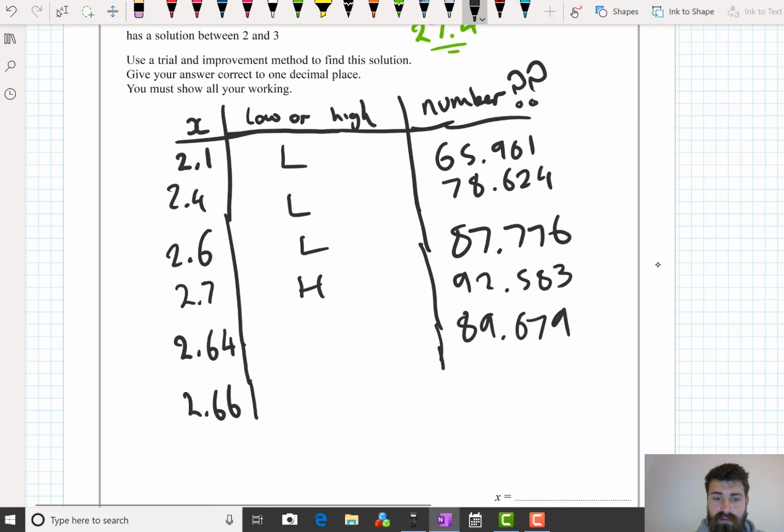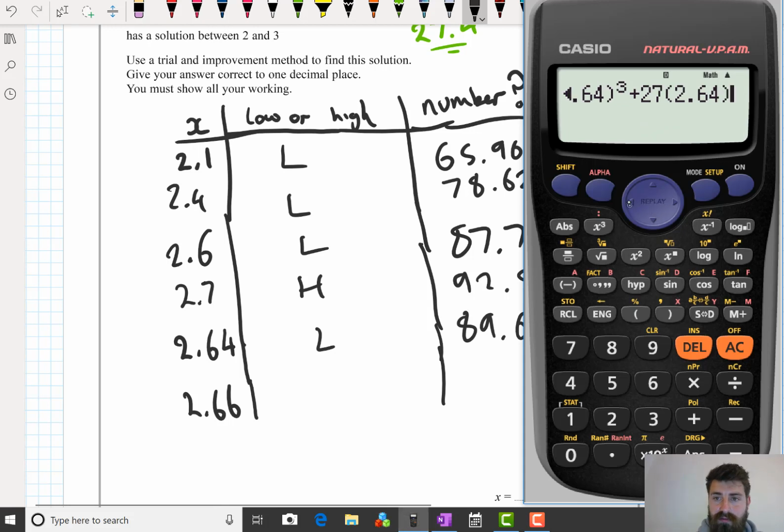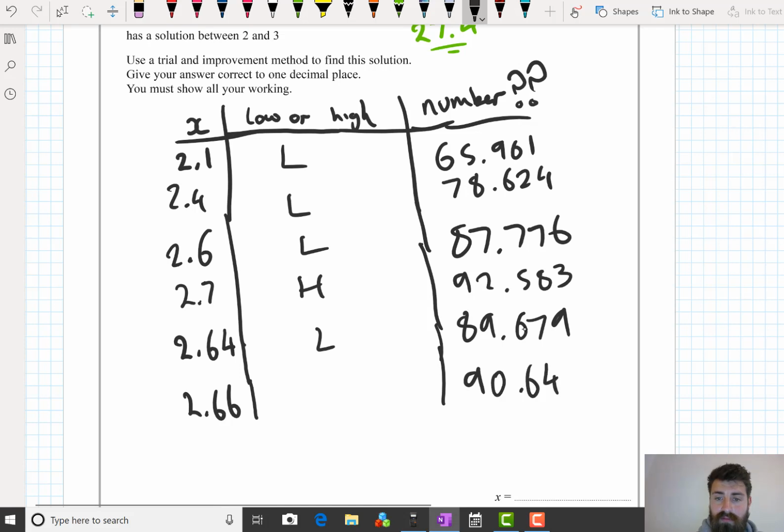A little bit low. 2.66. Probably going to be a little bit high. Maybe. Just a guess. Might not be. 90.64. That's enough actually there. I could go another decimal place.